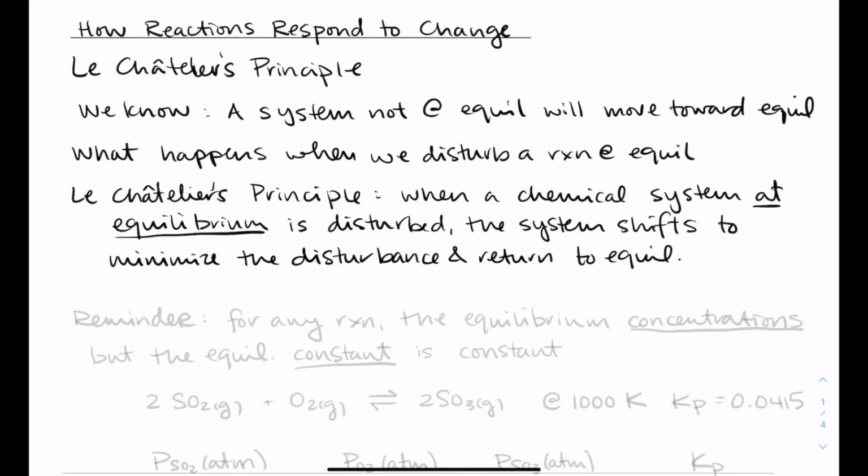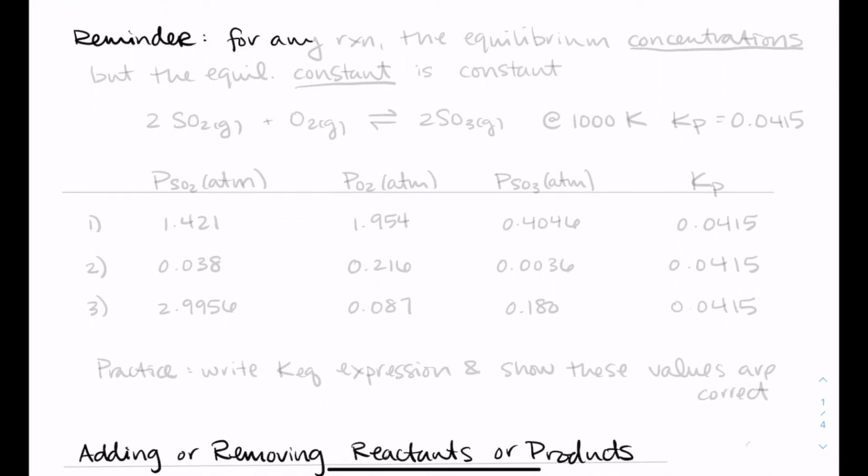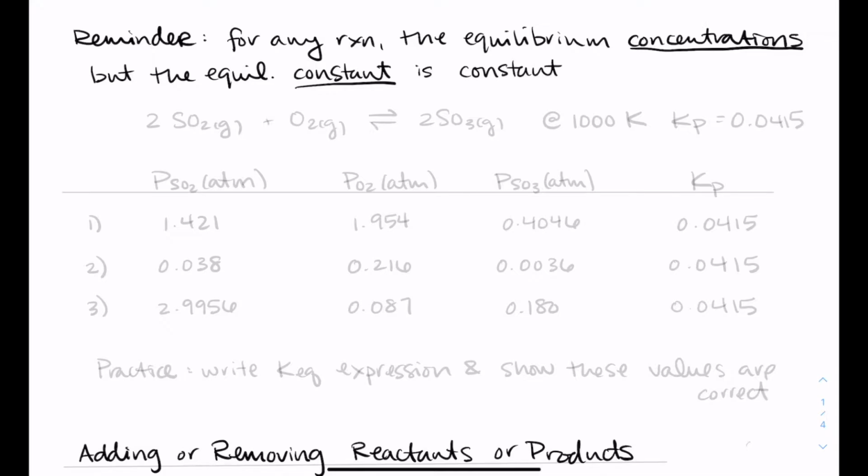The reminder is that for any reaction, the equilibrium concentrations can change or be different, but the equilibrium constant is a constant. So the thing that matters is the K value, the Kc, the Kp for the reaction as written at a given temperature.